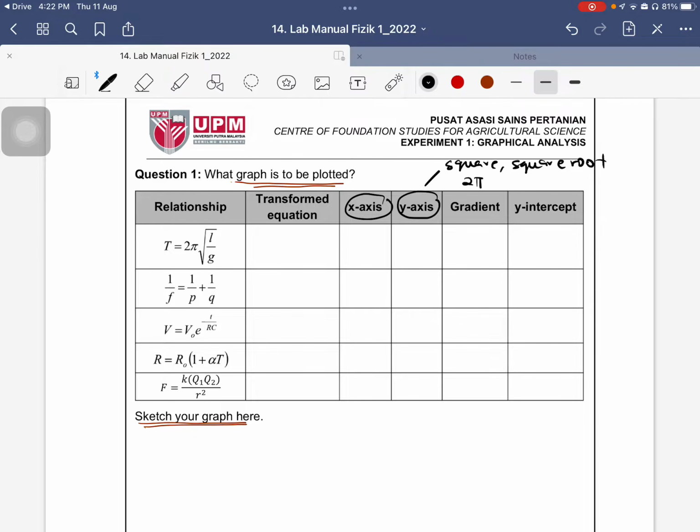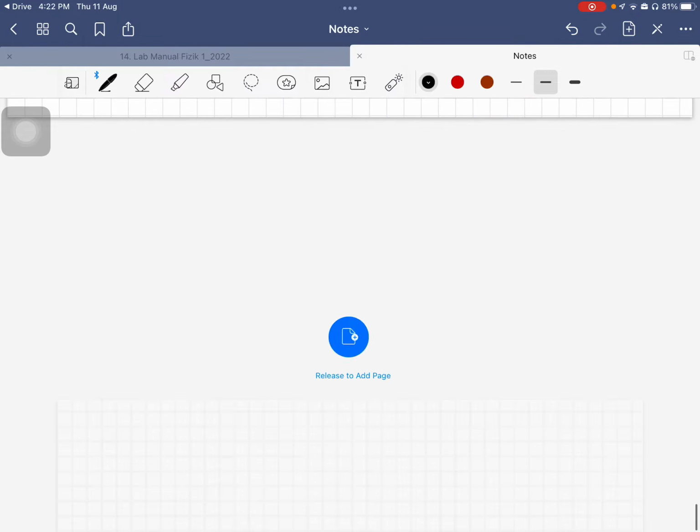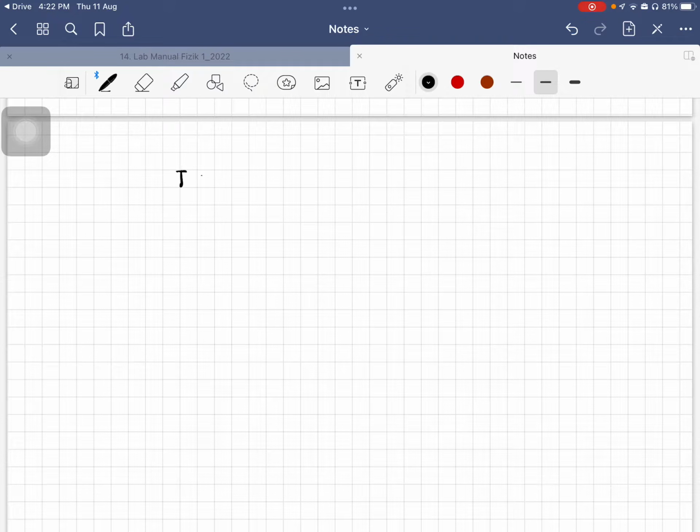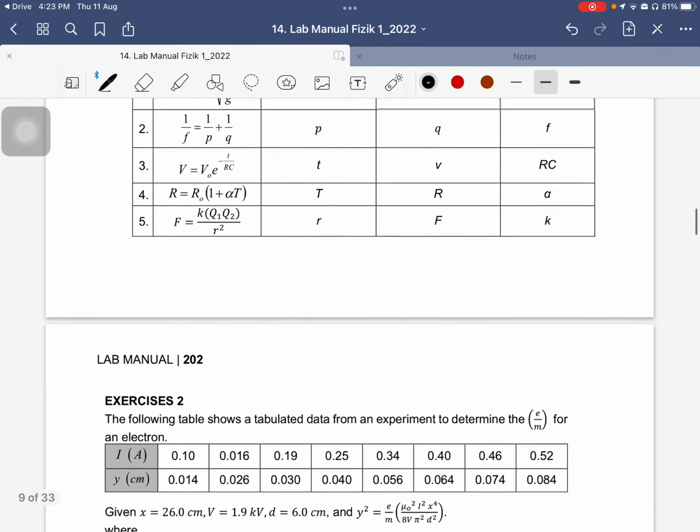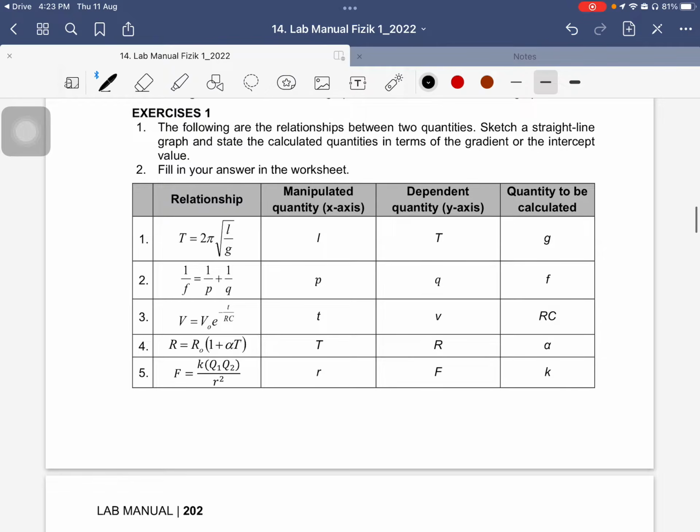Okay, let's look at this one. T equals 2 pi square root L over g. We want to convert it to y equals mx plus c. If you look at the table above, your x-axis is L, your manipulated quantity, and your dependent value is t.